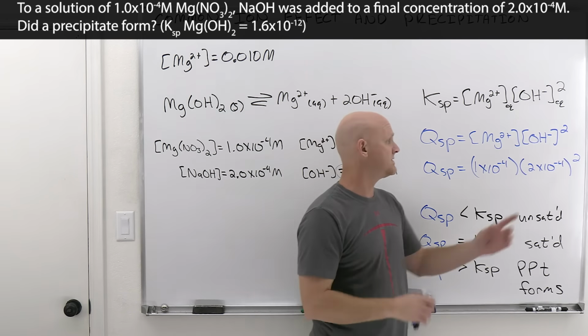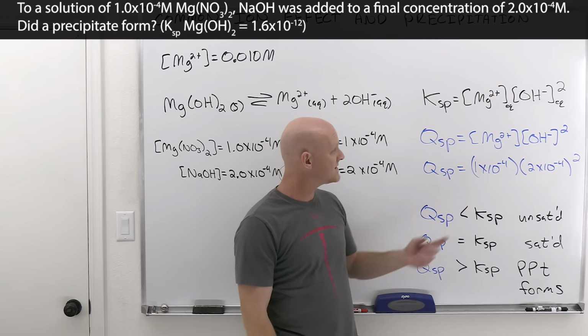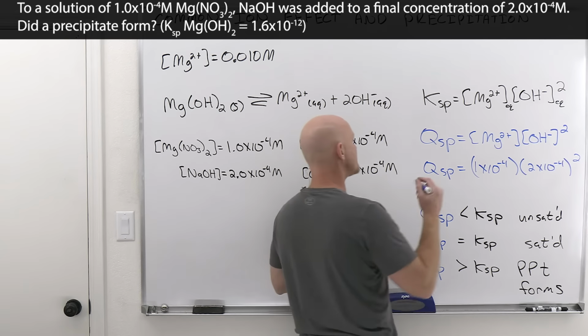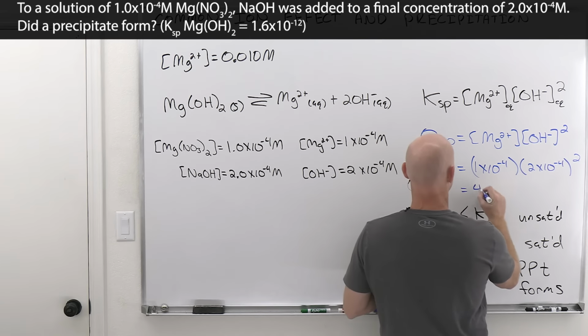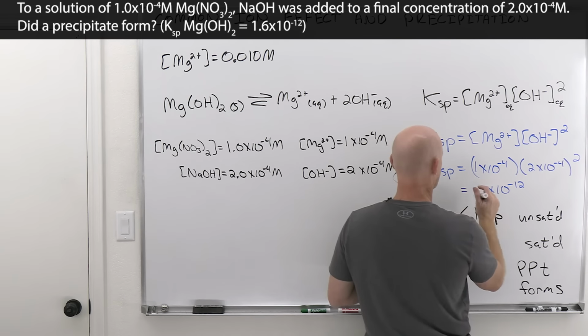And we can probably do this in our head. So 2 times 10 to the negative 4 squared is 4 times 10 to the negative 8. And then times another 1 times 10 to the negative 4 is going to be 4 times 10 to the negative 12. Now, technically, if we add one more sig fig here, 4.0.